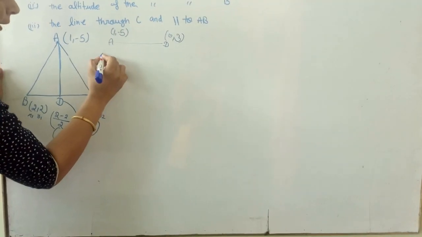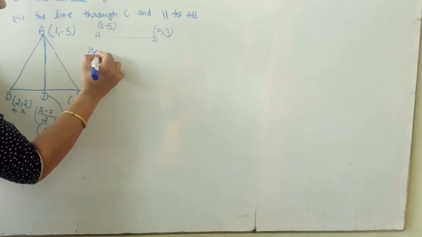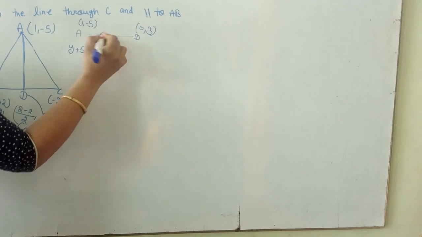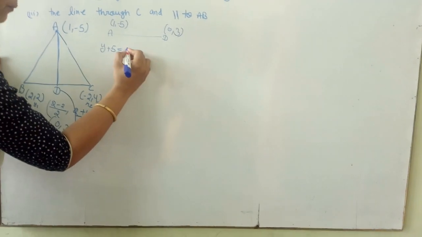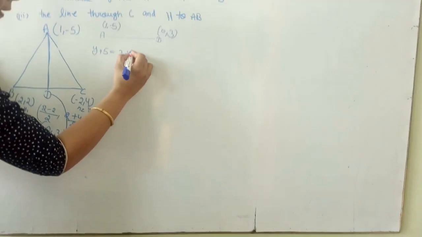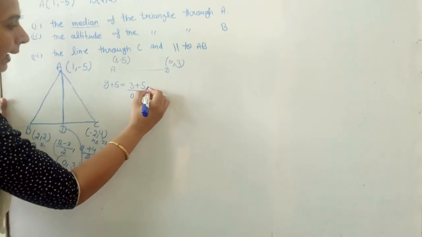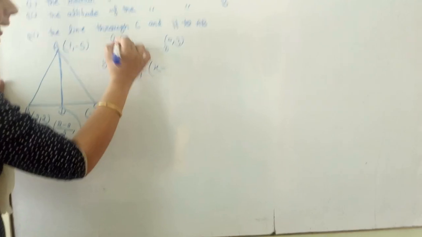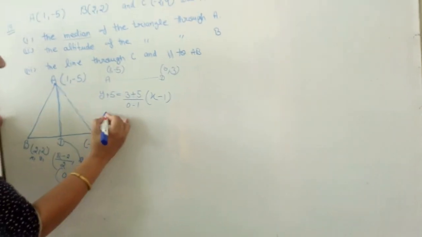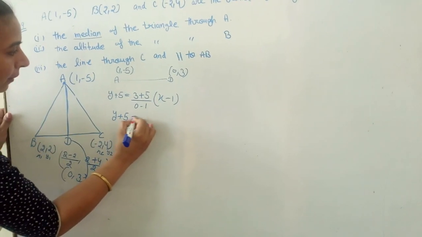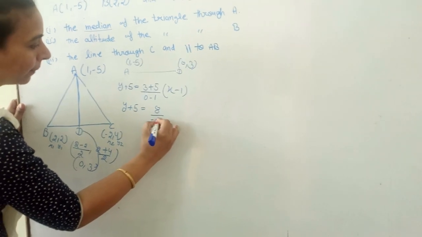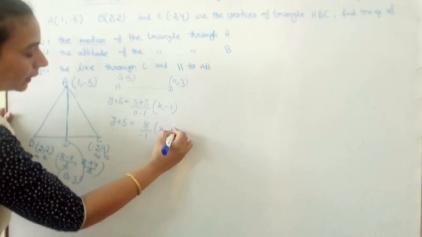By the two-point form, y minus y1 equals the slope, which is y2 minus y1 divided by x2 minus x1, into x minus x1. Then y plus 5 equals 8 by minus 1, into x minus 1.